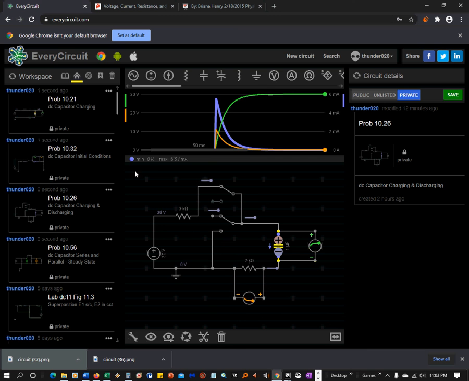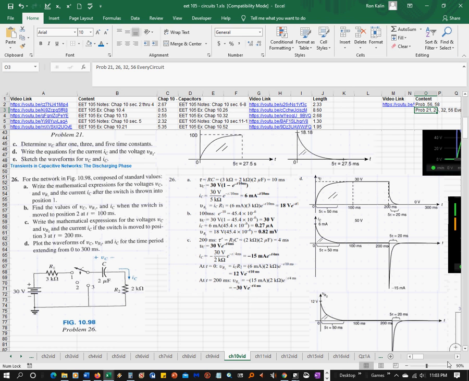And then when you click on here, you get the maximum. It was 5.53 milliamps that it hit, and then it decays down to 0. And then this maxed out at 11 volts, and then it decays down to 0. So it pretty much agrees with what the book said.